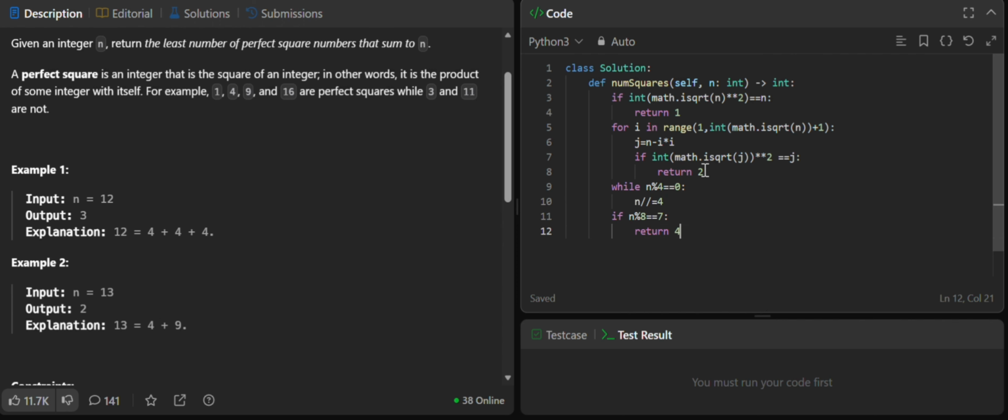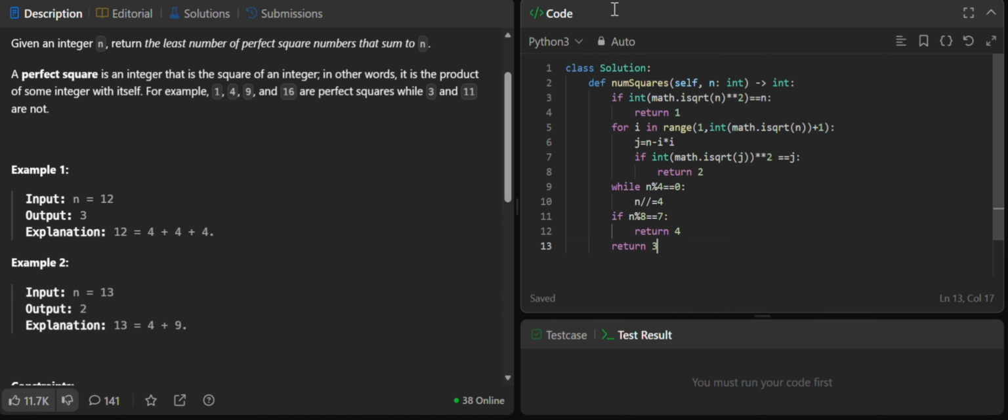For example, if your n value is 7, the answer is always 4. Otherwise, we simply return 3, because it is not one square, not two squares, and not forced to be four squares, so the answer is three squares.